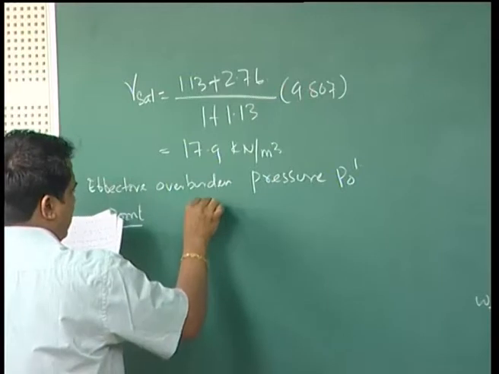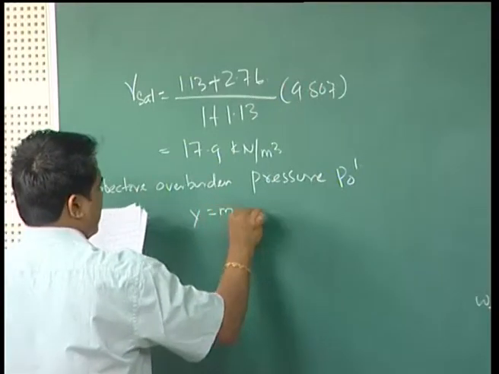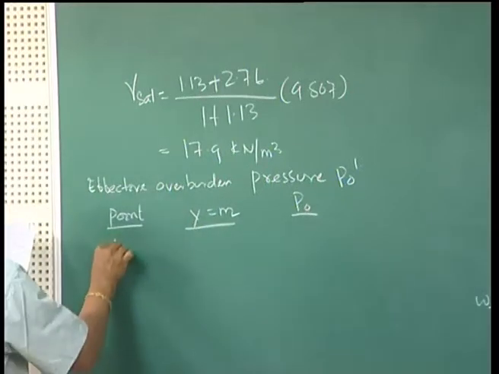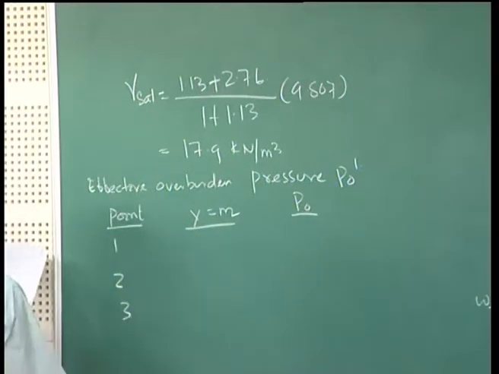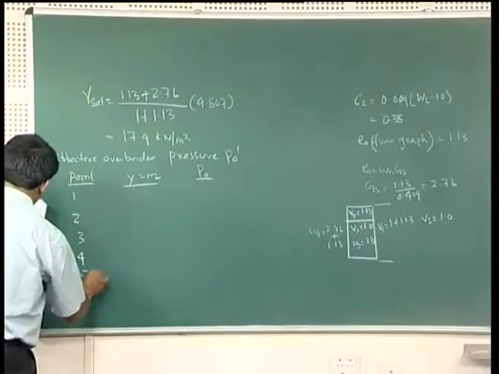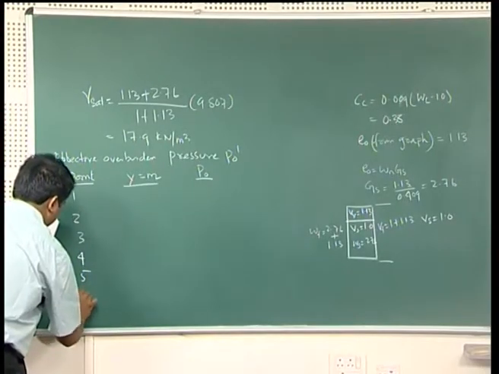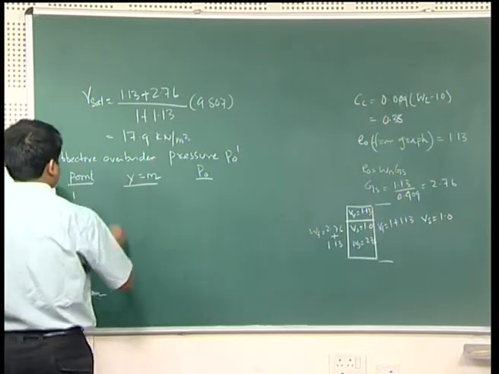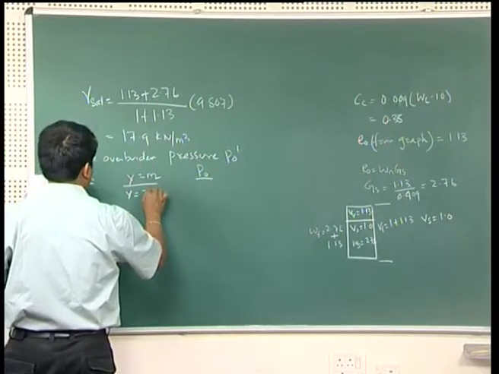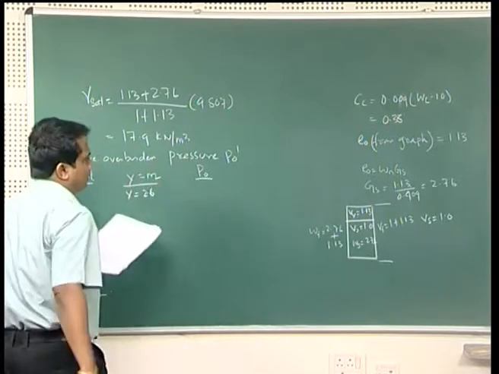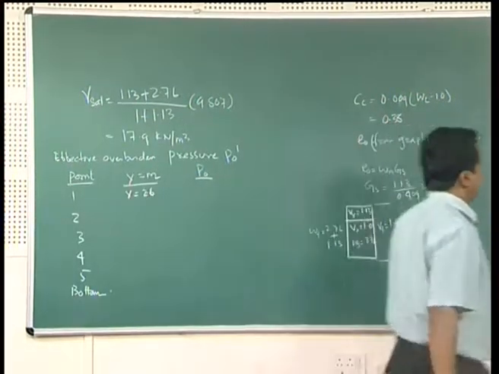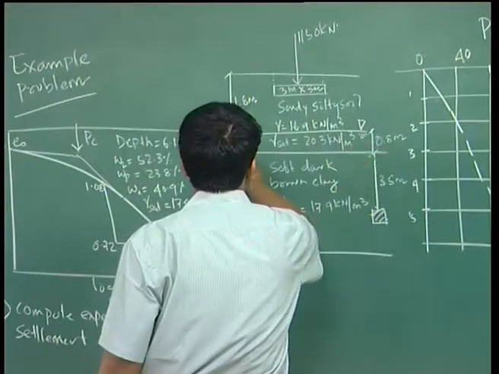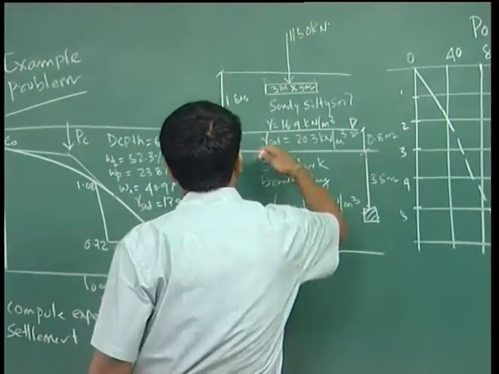So, now this point and y is equal to meter P0. This will be 1, 2, 3, 4, 5 and bottom. So, y is equal to 2.6 meter. We will start with this P0 effective stress at 1.8, this will be 2.6, y is equal to 2.6.